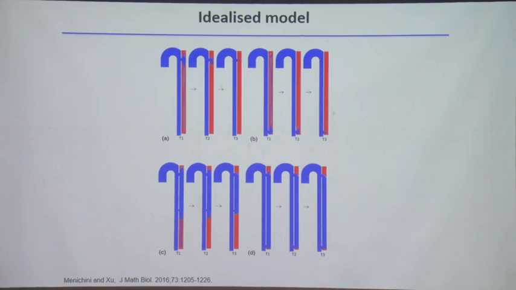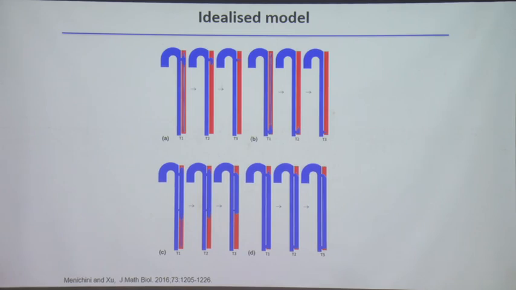thrombus patterns. So now what we're looking at here are the different models. I think you can see that there is only one tear, the primary tear, which is at the top. The blue region corresponds to the region where the blood flows, the true lumen area, and the red is the false lumen.